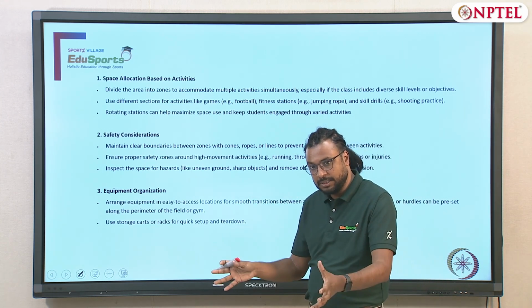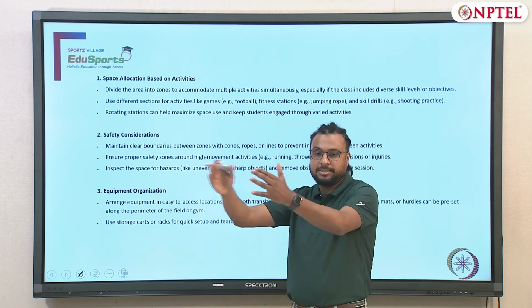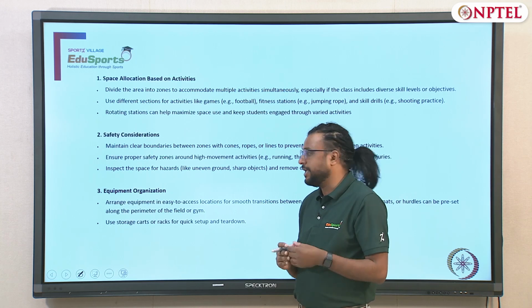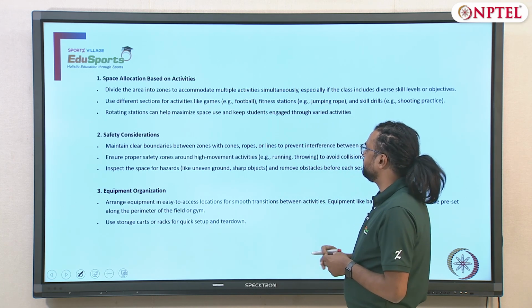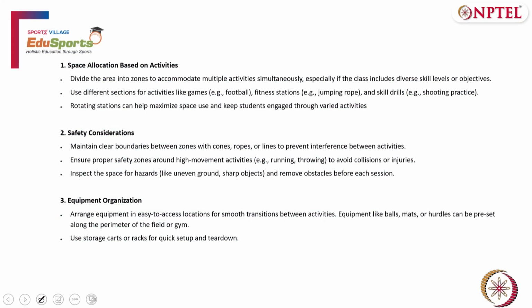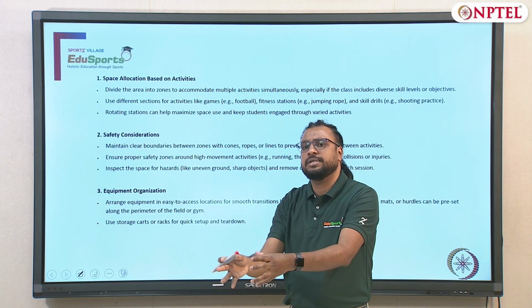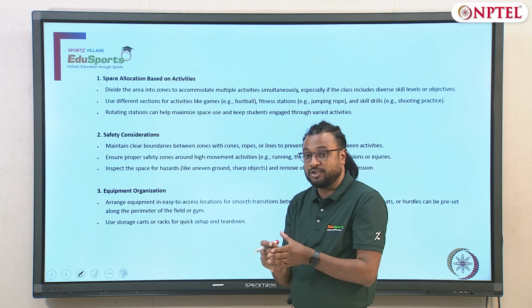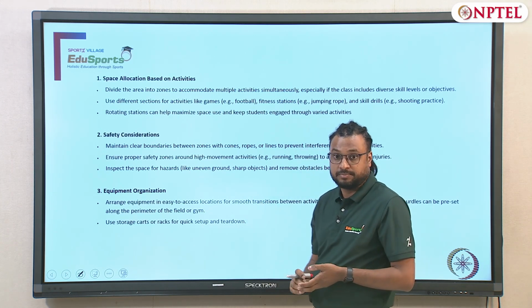You need to have a football ground or create a play space with the help of cones or marking items. Use different sections for activities. If somebody is playing football, right next to that don't put small children and running activities. All that needs to be understood for safety purposes as well.